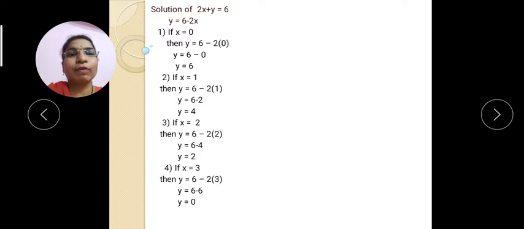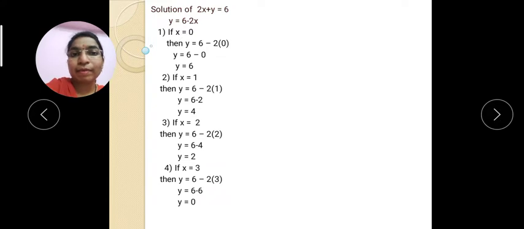Now the third value: here I place x is equal to 2. 6 minus 2 into 2 is 4 taken from 6, so y is equal to 2. When x is equal to 2, y is equal to 2. Means (0, 6), (1, 4), (2, 2). And the last one is x is equal to 3.